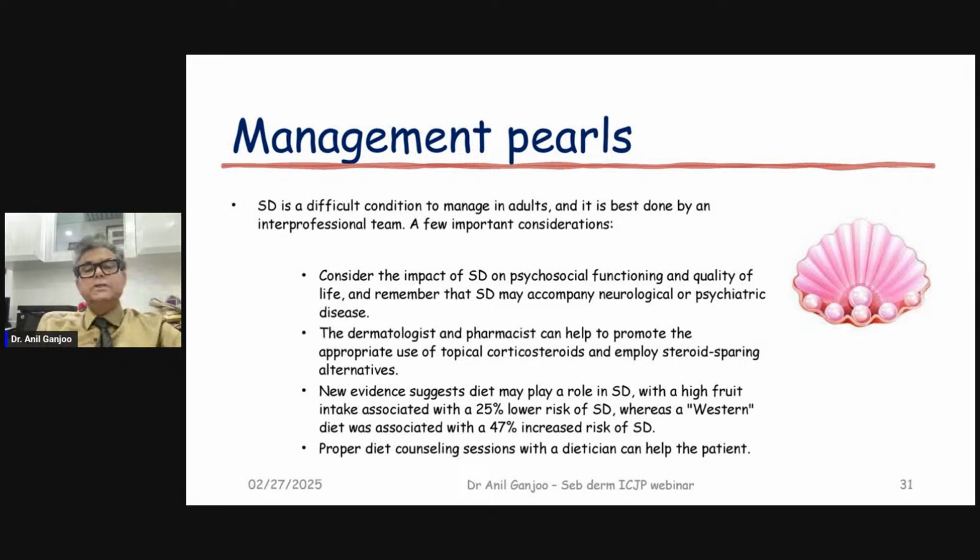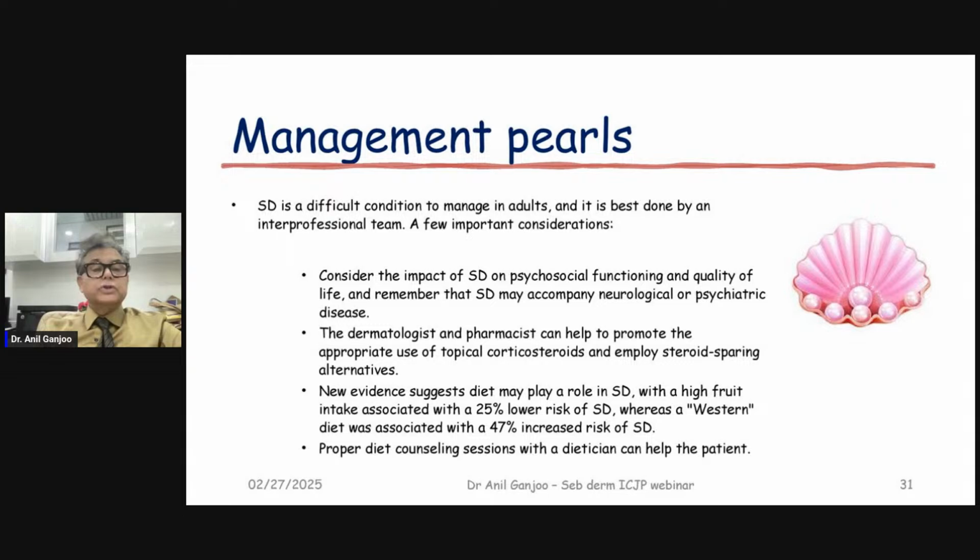The management pearls: consider the impact of seborrheic dermatitis on the psychological, psychosocial functioning and quality of life of the patient. It can sometimes accompany neurological and psychiatric disorders. Therefore, you should be always open to the possibility of assessing the patient for psychiatric disease.